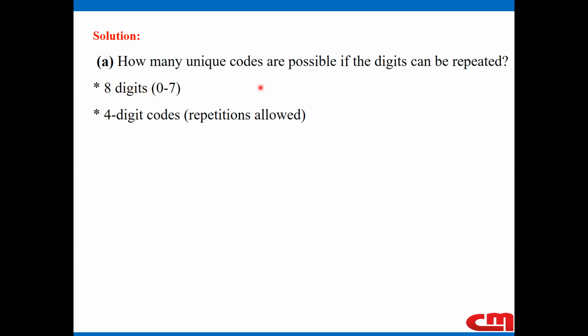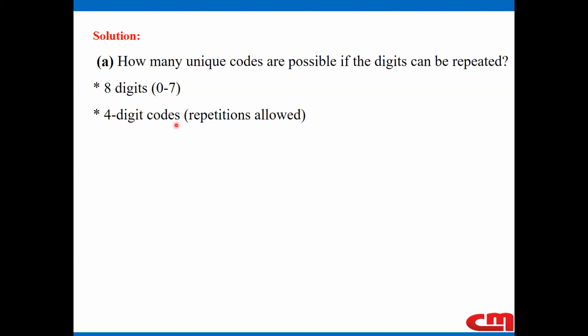But what we want is to find 4-digit codes. Repetitions are allowed. We are going to use the digits 0 to 7. This is a situation of a subset: the 4-digit codes are taken from the digits 0 to 7.